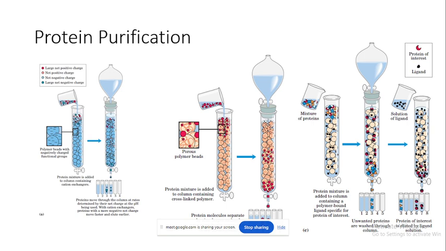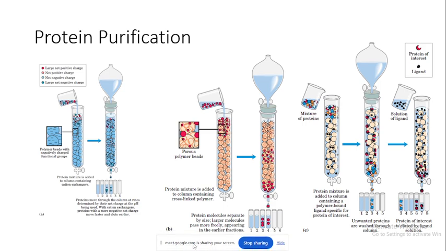Next is size exclusion chromatography, or gel filtration chromatography, right? Here the stationary phase is filled with beads which have porous size.